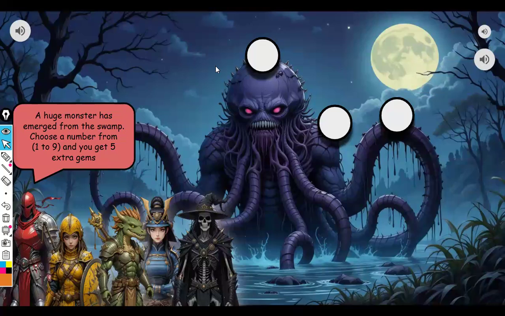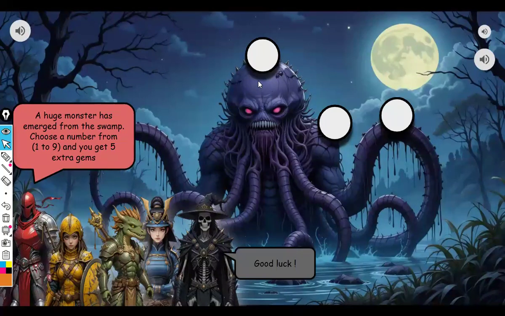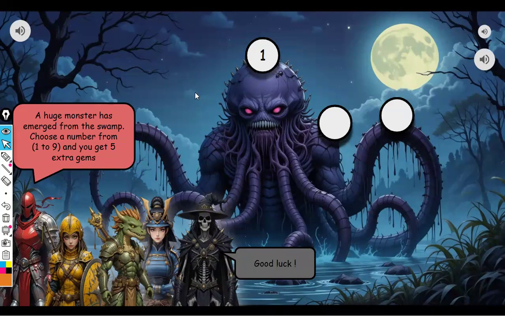All right, let's see if you guys got lucky there. I think most people were able to get a value. First value, 1. If anybody chose 1, you get 5 extra gems, for whichever team you're on.